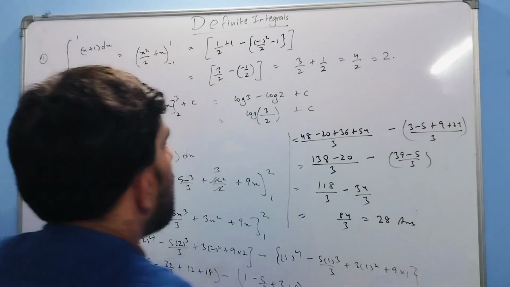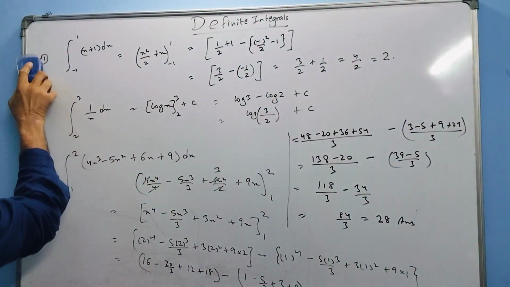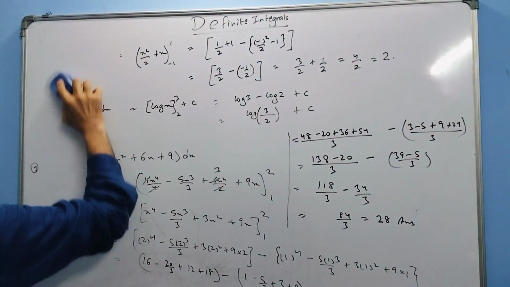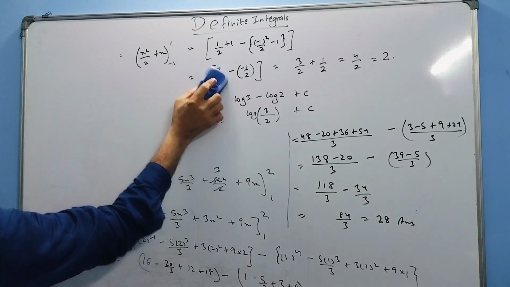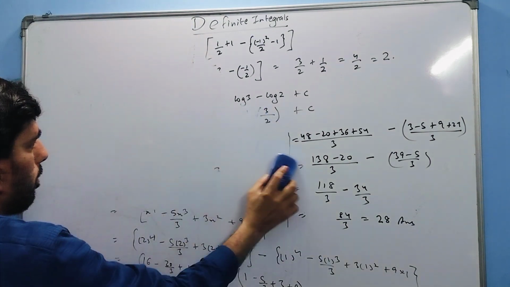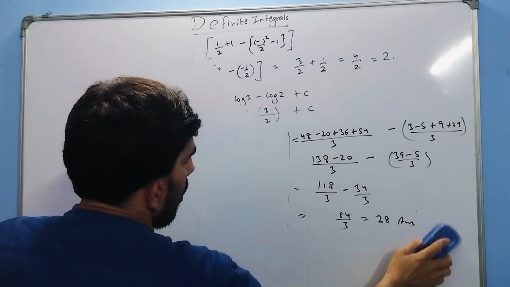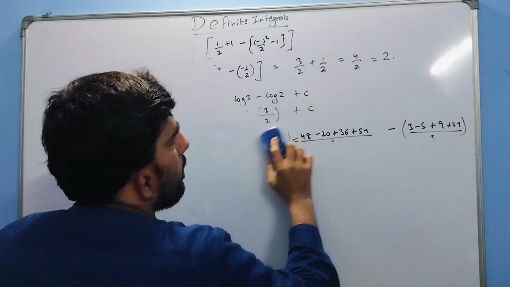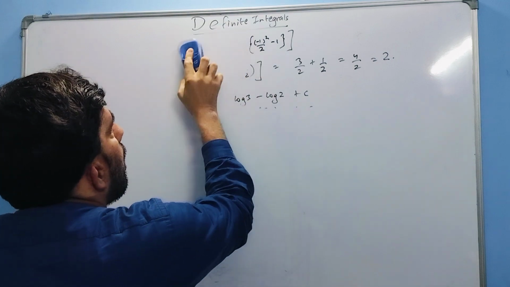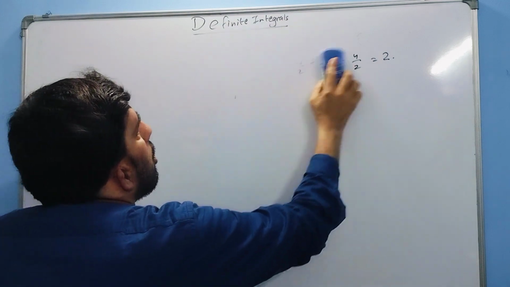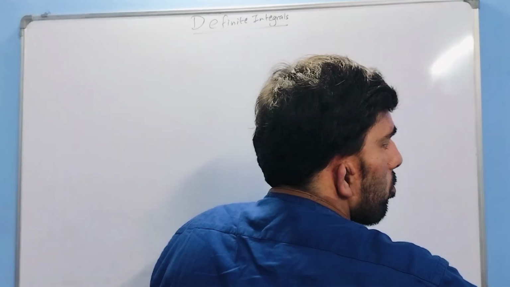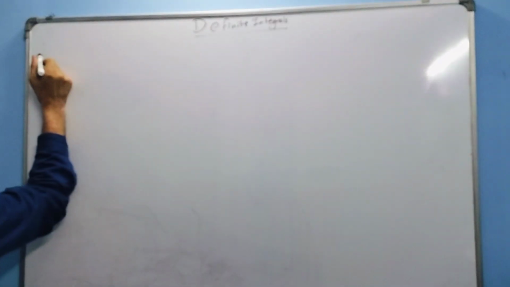Now let us try to solve more definite integrals. We have just solved only 3. So now we'll try to solve in a simple way. First we need to integrate them, and we need to apply the limit. Now let us try to solve the fourth numerical.